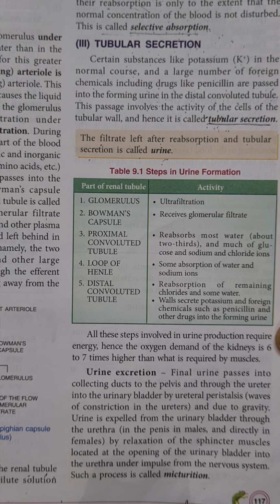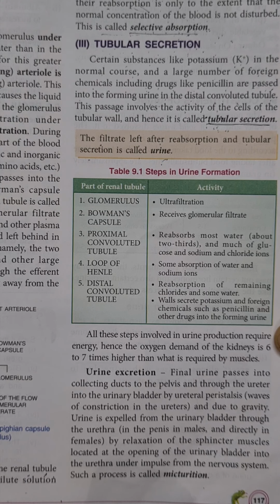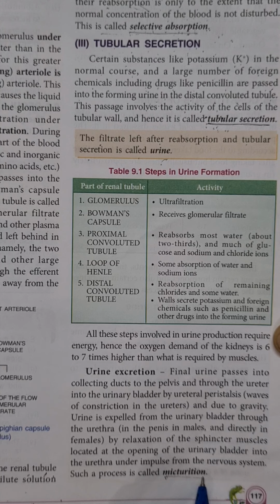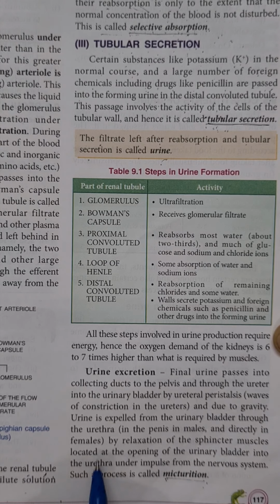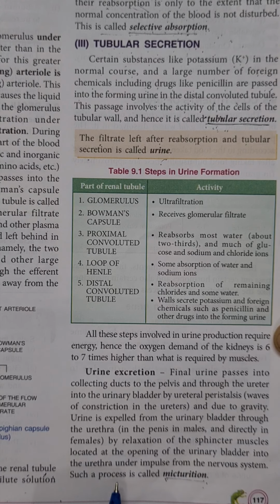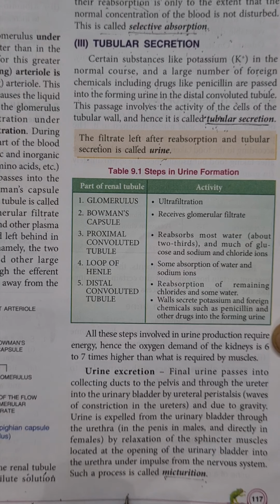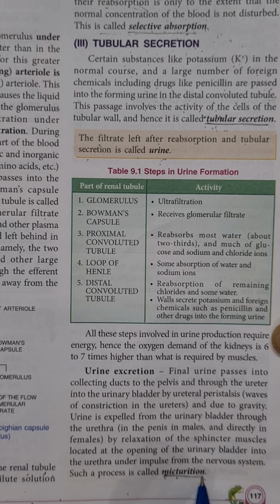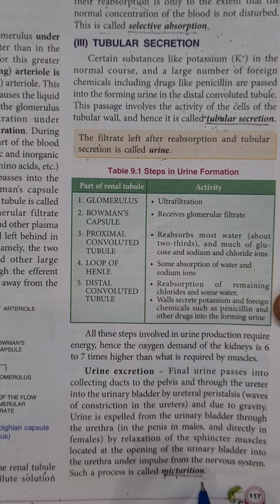As they relax, the opening of the urethra opens and urine is passed out, and the process of passing out urine is called micturition. So the urethra is a small tube which is attached to the lower end of the urinary bladder. It helps in the process of passing out urine, and the process is called urination, or we call it micturition. So this is all about the production of urine.